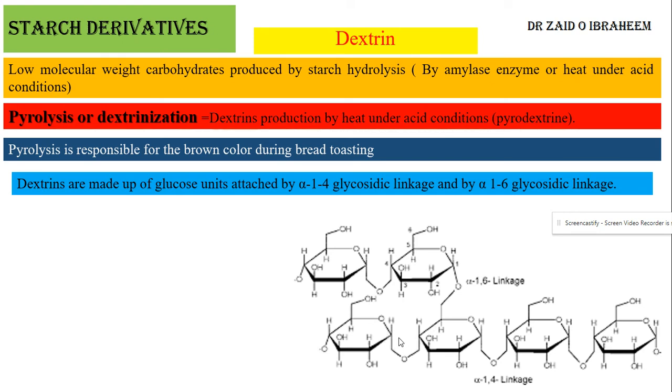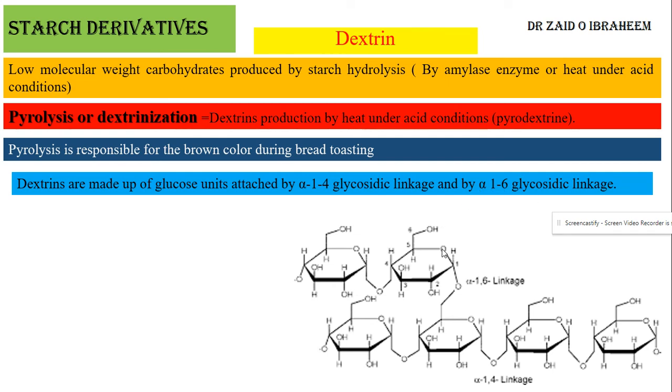This anomeric carbon atom forms an alpha bond with carbon atom number 4 of the neighboring glucose. So it is made up of alpha 1-4 glycosidic linkage and side branches of alpha 1-6 glycosidic linkage.